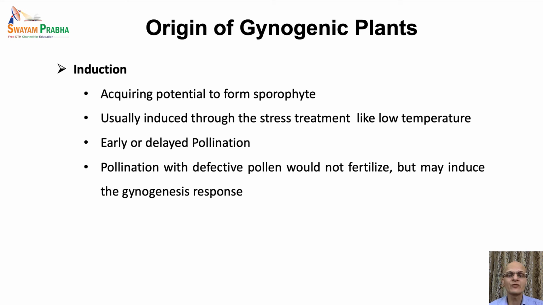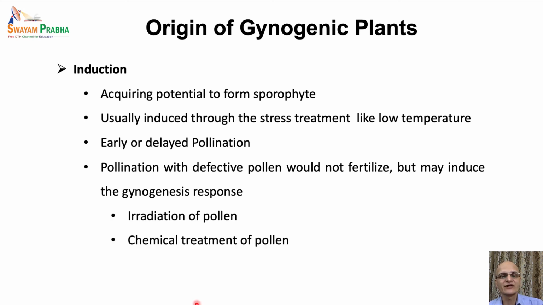However, it would not be available for fertilization with the egg cell or the central cell. And for this purpose, pollen can be either exposed to radiations or treated with chemicals that will interfere with the normal development of the male gametes, and it would have a defective development.